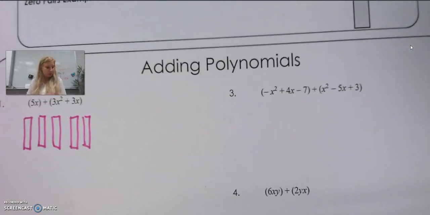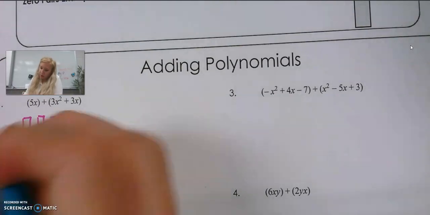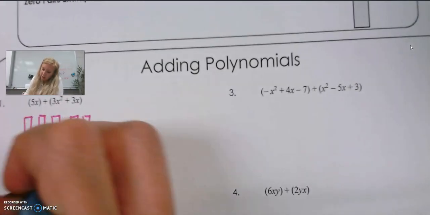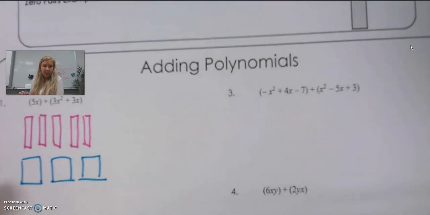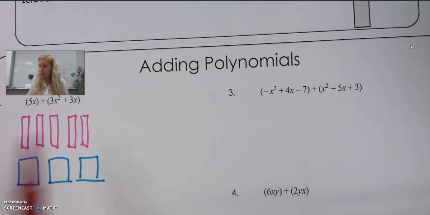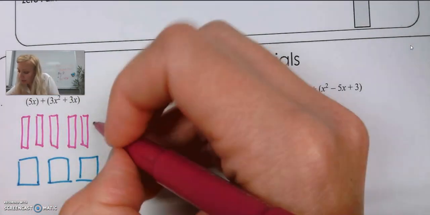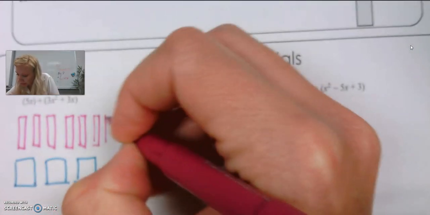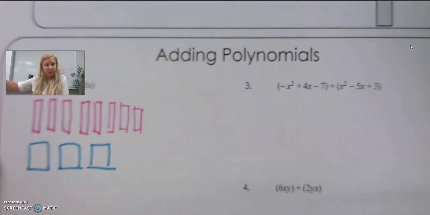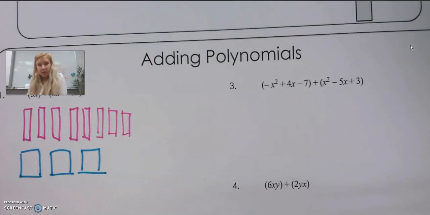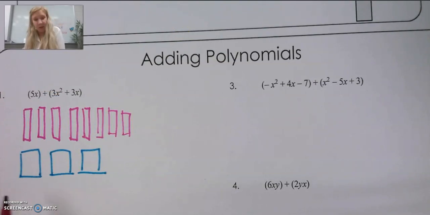So that's going to be 3 large squares. 1, 2, 3. And then I have 3x here. So I'm going to add 3 more x's here. 1, 2, 3. So when my camera focuses, we are going to count up my like terms. Now I'm not blocking anything.